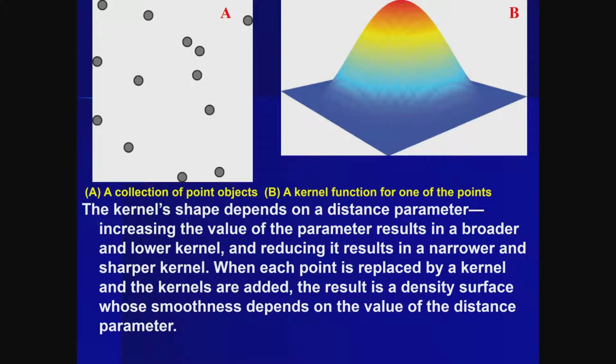So increasing the value, that circle that it's looking at, will create a more flat kernel, and decreasing the circle radius will create more of a peaked kernel. So you get a narrow kernel or a peaked kernel because the area under the curve is what's constant. So you're going to have to have a more peaked one to get more area under a smaller curve.